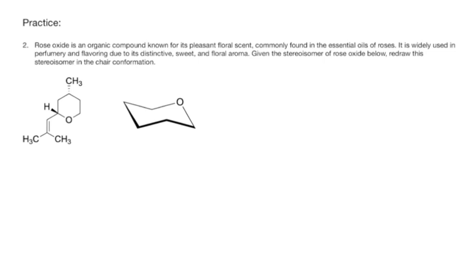Recall that substituents on a wedge are considered to be in the up position, while those on a dash are in the down position. In this stereoisomer of rose oxide, this configuration places the hydrogen adjacent to the alkenyl group in the equatorial up position and the alkenyl group in the axial down position. The methyl group, being dashed, is also positioned axial down.